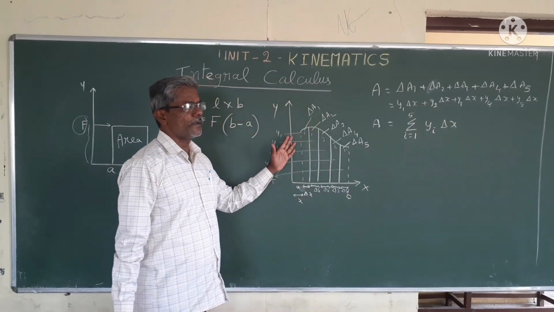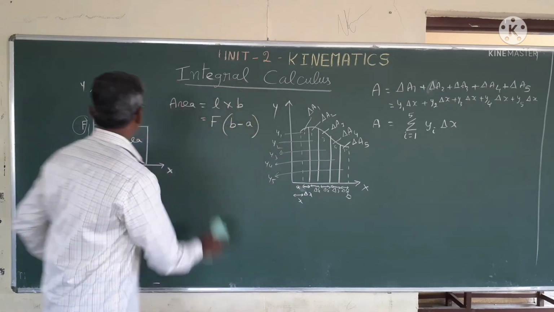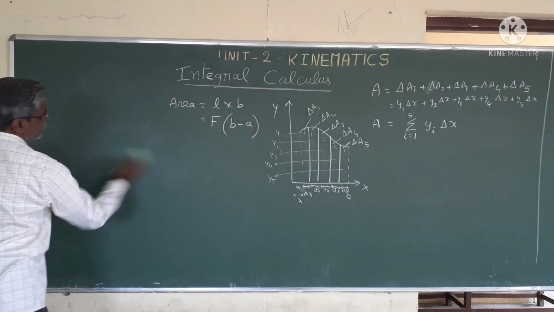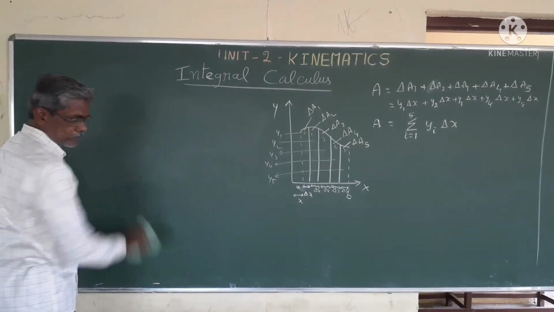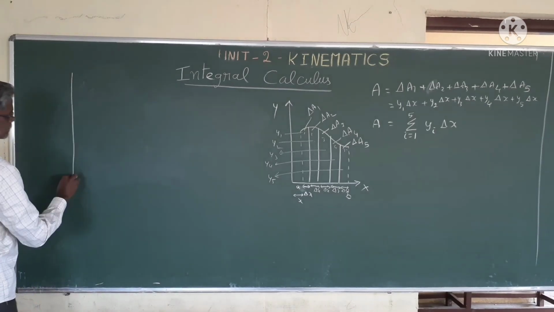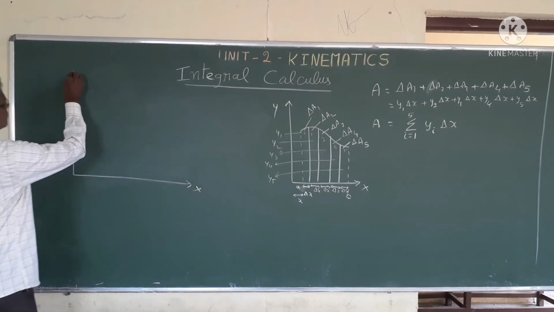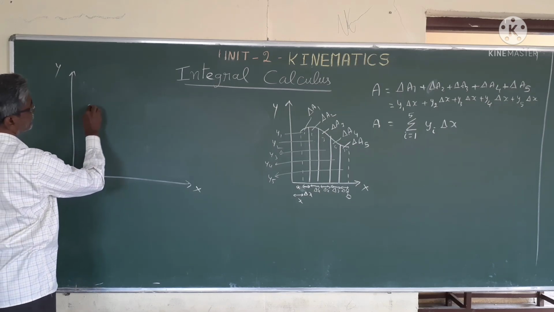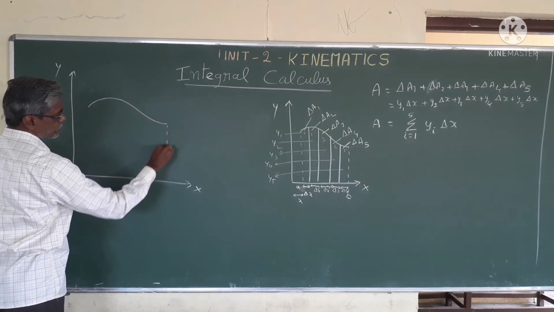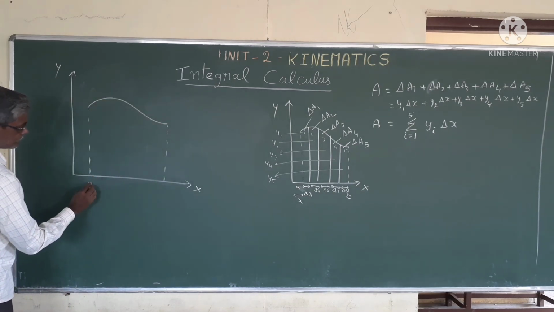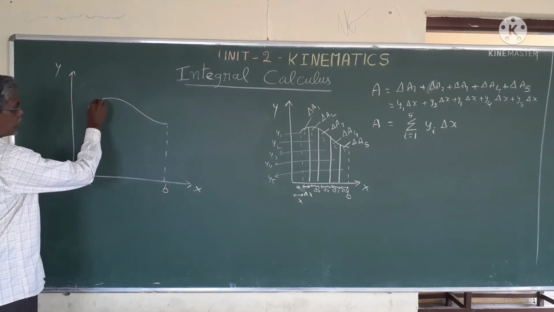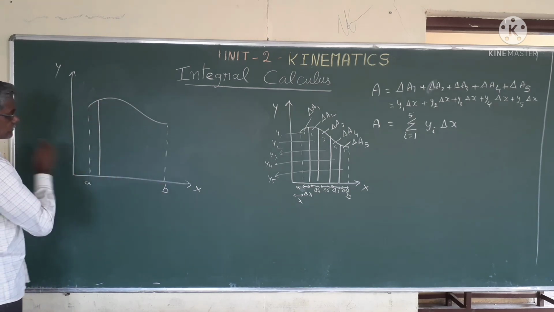Now you yourself may have a doubt. This is A, so B. I am making a rectangle here.